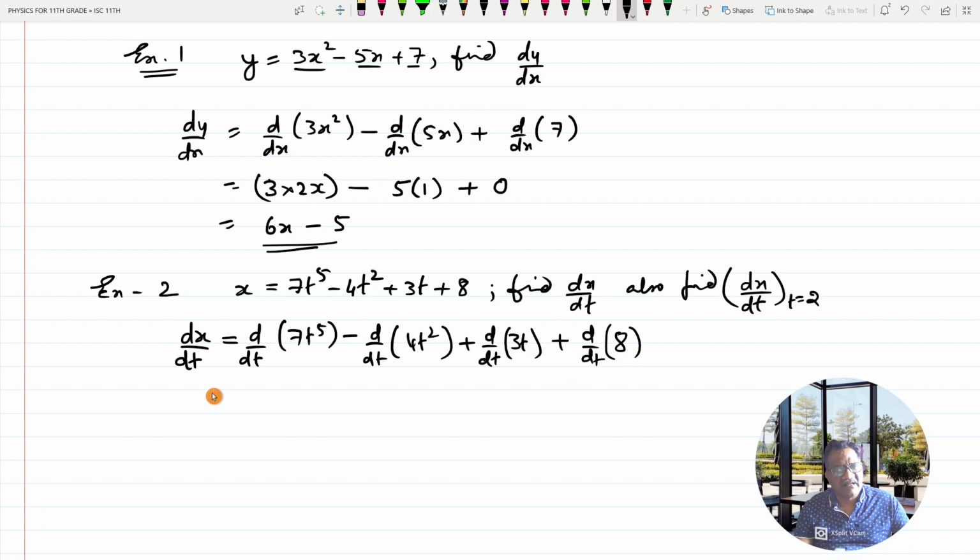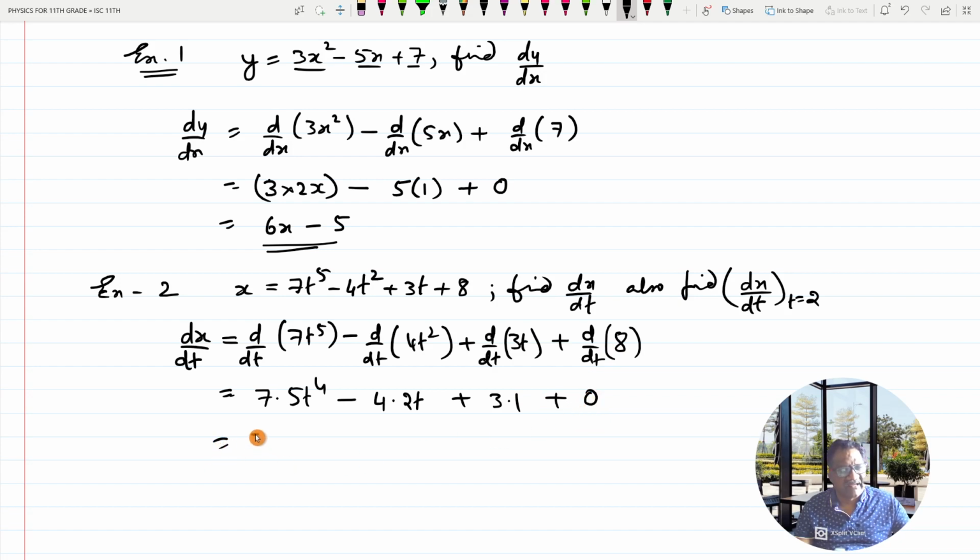So the derivative with respect to t of 7t raised to 5 will be, 7 is a constant, so I'll keep it outside. The derivative of t raised to 5 is 5t raised to 4. Minus 4 is a constant, so I'll keep it outside, and the derivative of t square is 2t. Plus the derivative of 3t: 3 I will keep as constant, and the derivative of t is 1. Plus this 8 is a constant, so its derivative is 0.